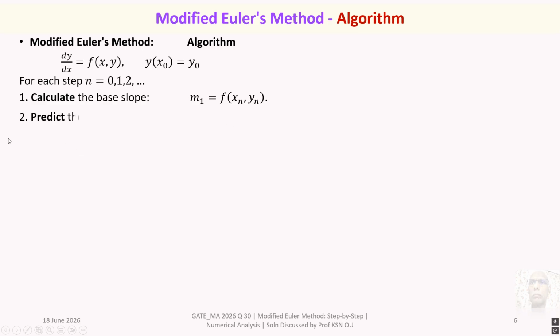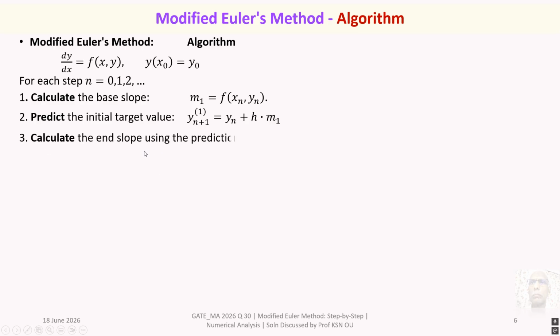But anyway, second, predict the initial target value. That's the basic Euler's method. Yn plus 1 superscript 1 is yn plus h times m1. Agreed? Now, third, calculate the end slope using the prediction.